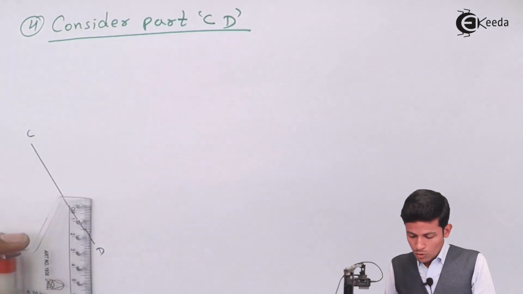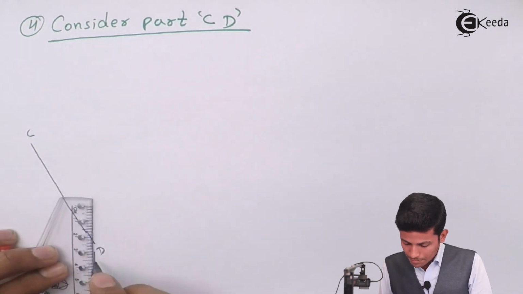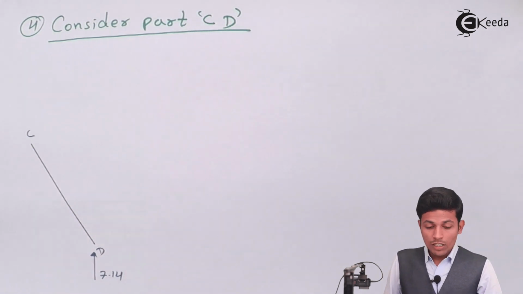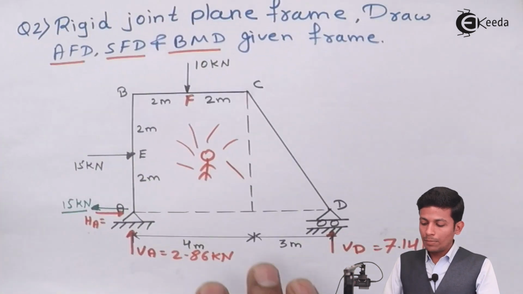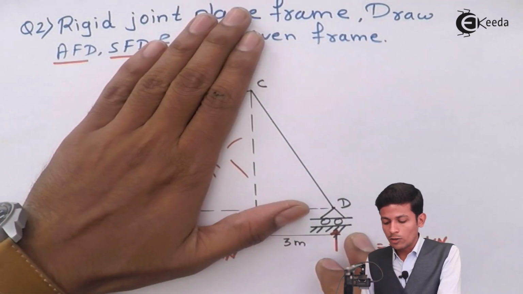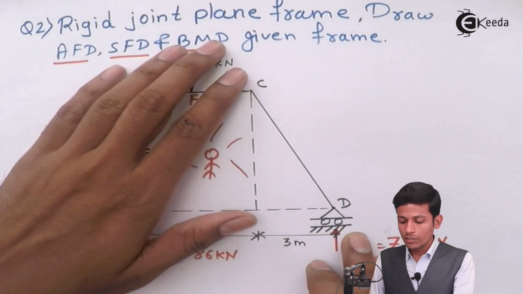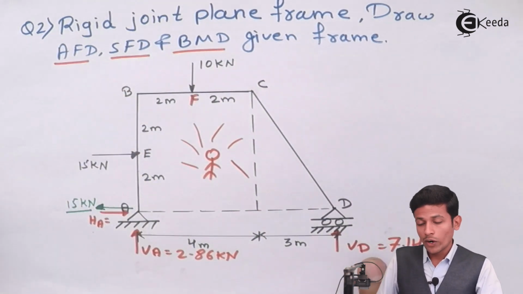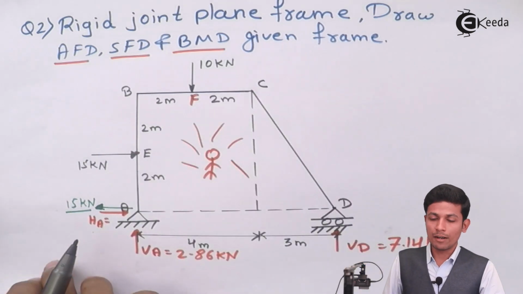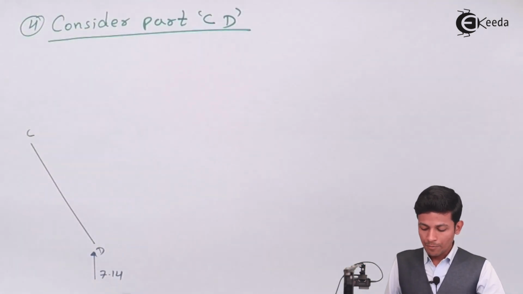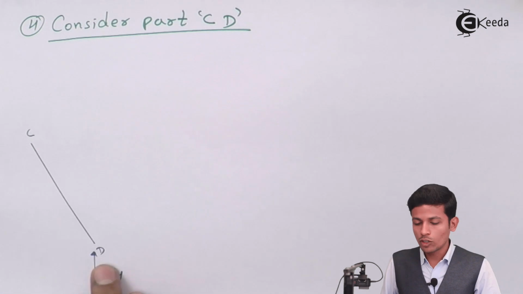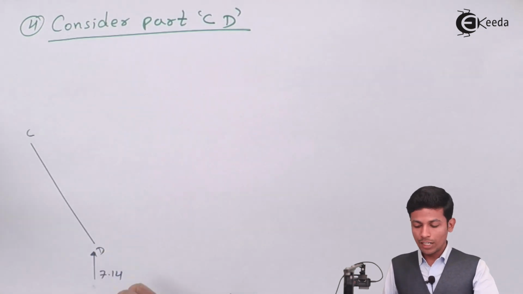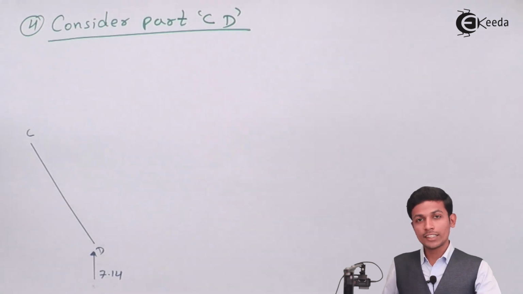Now you know the value over here. When we are taking the BCD part, always look at this part only, because we have to consider only the part CD. So the 17.14 has to balance at C, but that is not possible directly, because while drawing the AFD and SFD we have to take the axial force diagram.